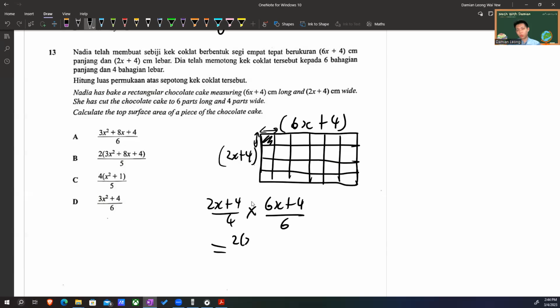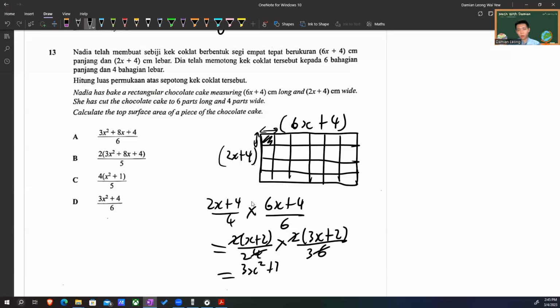So 2x plus 2 over 4 times factorize 2, 3x plus 2 over 6. Then I cut here 3, divide by 2, 2. So this times this. X times 3x, 3x square.